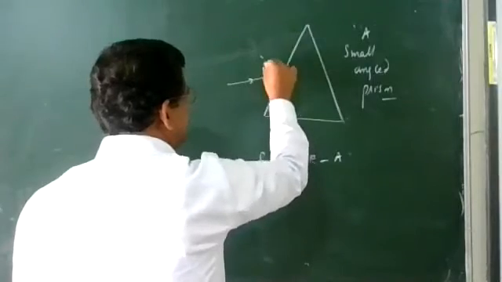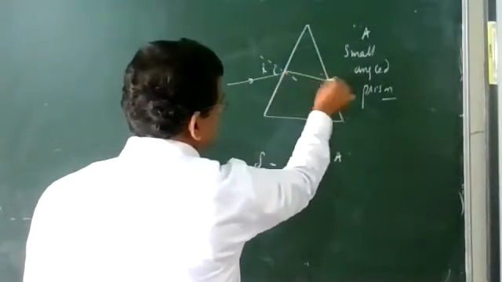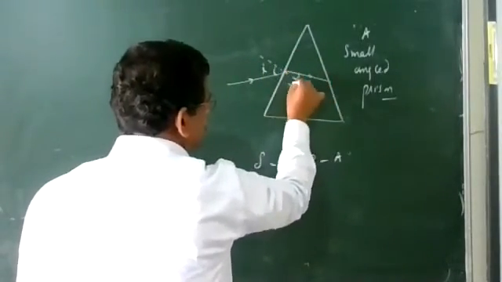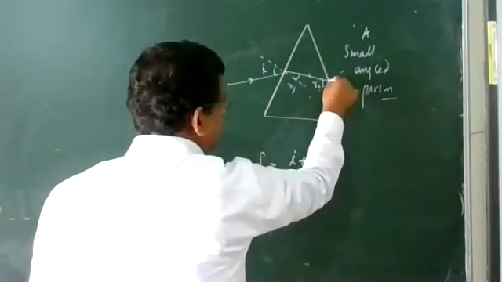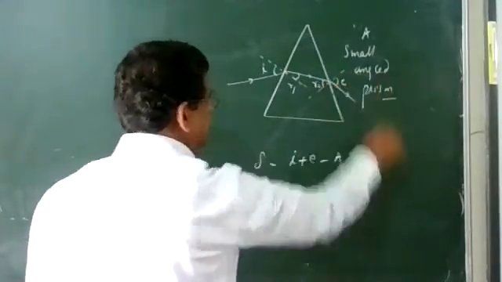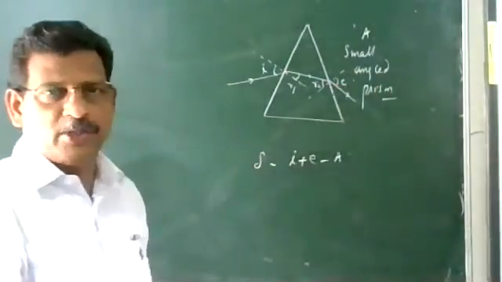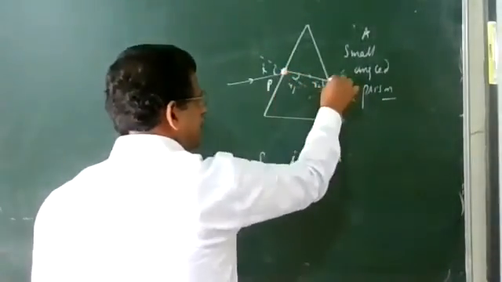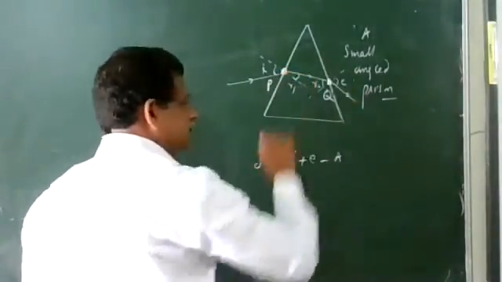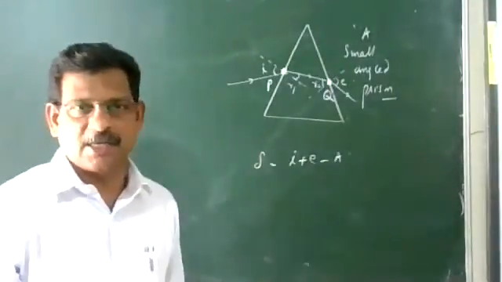This is the angle I, and the refracted ray here, the angle is R1. At this point, R2 and the angle of emergence. So we have to use Snell's law of refraction at the first point and at the second point, one is rare to denser, another is denser to rare.